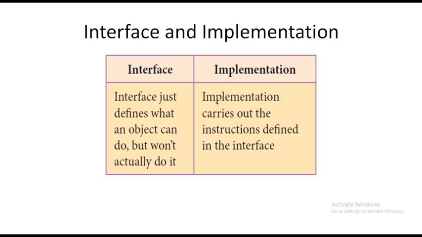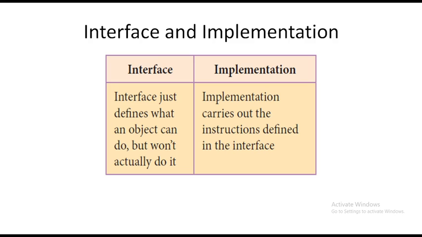And next one is characteristics of interface. What characteristics are there for the interface? The class template specifies the interfaces to enable an object to be created and operated properly.